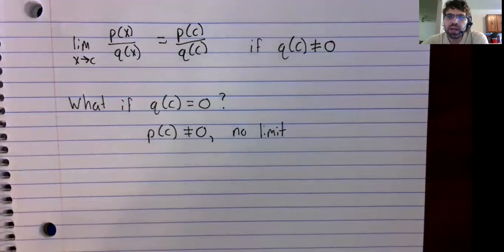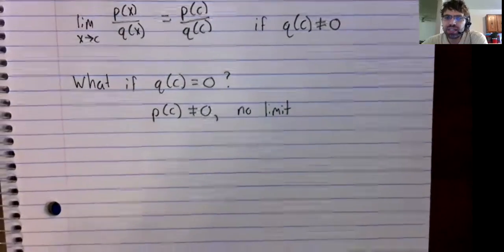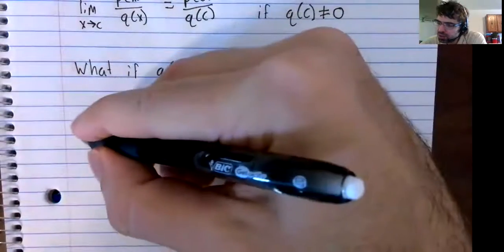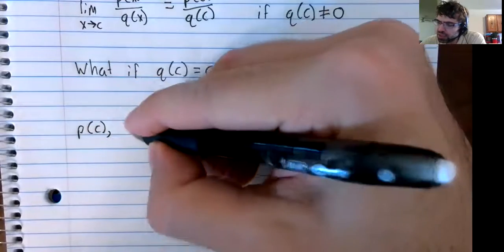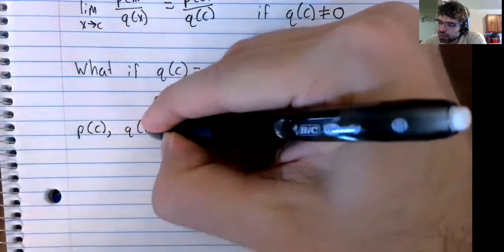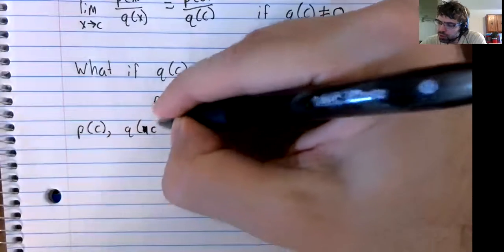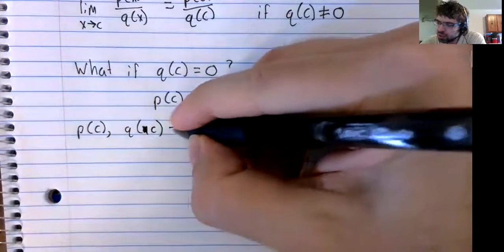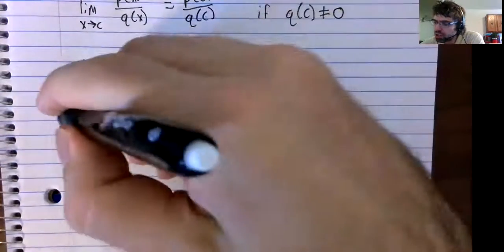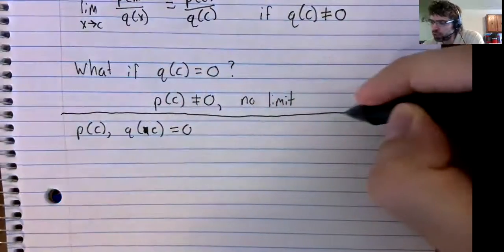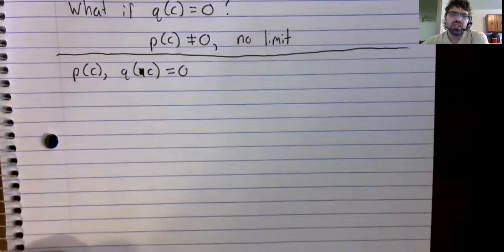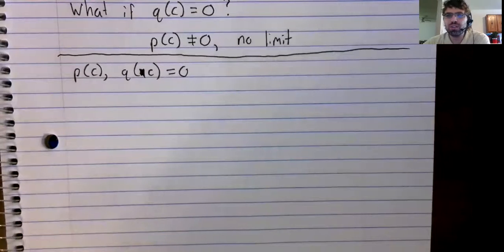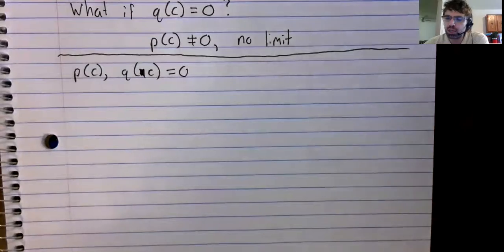So the only way the limit can exist is if P of C and Q of C both equal 0, and we use some remnants of our college or high school algebra.